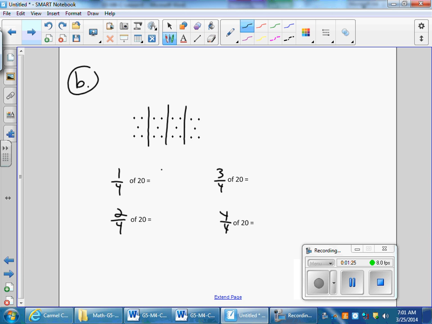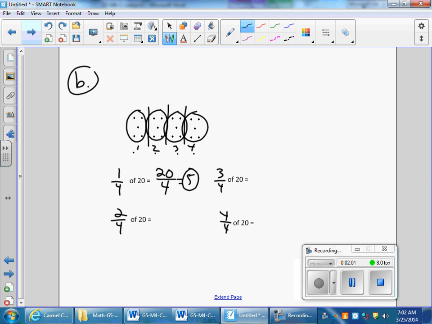In letter B, we have 20 diamonds divided into 4 groups. So 1/4 of 20 is really 20 divided by 4, which is 5. 2/4 of 20, many of you can already see, is half of 20, and you know that mentally is 10, which is fantastic.